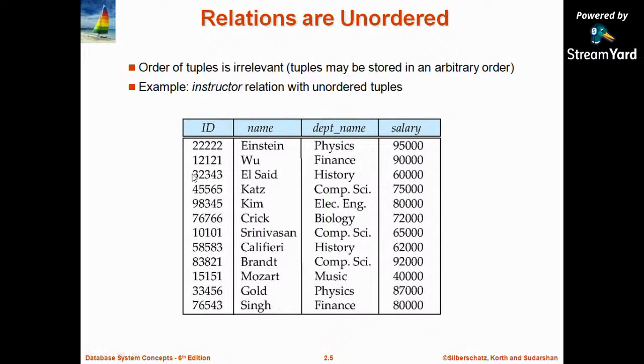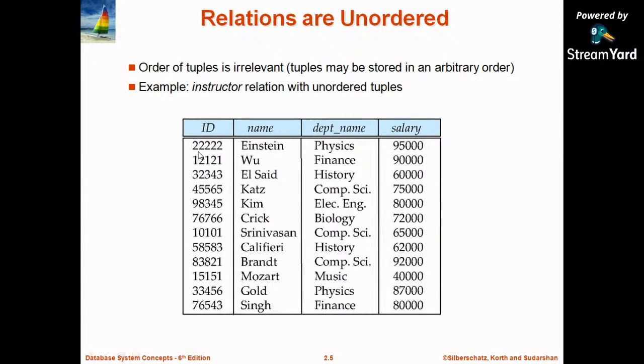In the relation, whatever entries you are representing, the order is not relevant to us. As we see in the case of a set, the order is not relevant to us. Who are the members of the set is relevant to us. The same theory is applicable to the relation as well.